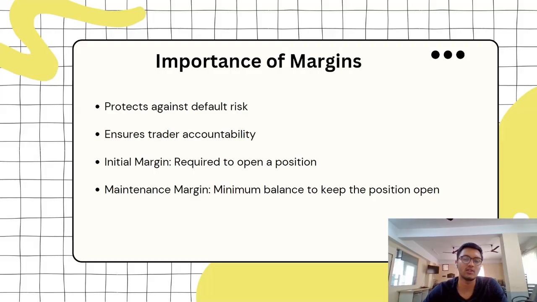What is the importance of margins? Why exactly are margins needed when you are doing futures trading, and why do broker houses in India charge you more than what is required in SPAN? At the end of the day, it's about the physical delivery of a particular instrument.